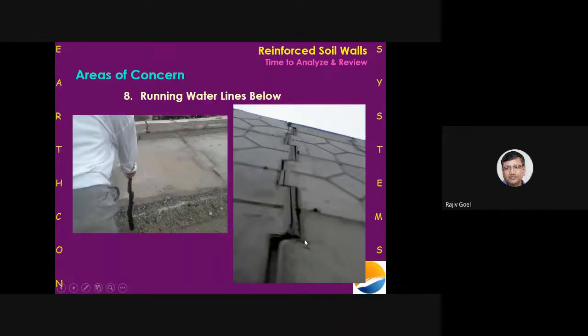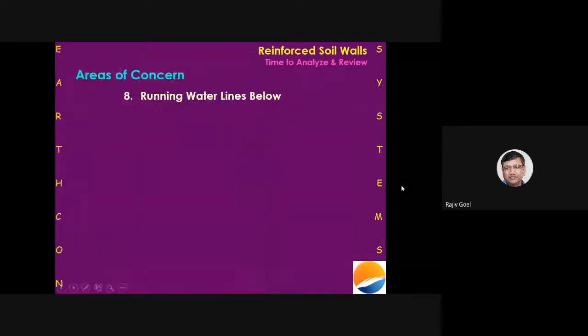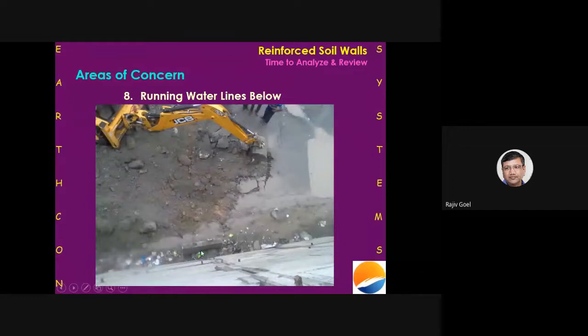And as any normal person, the contractor said, okay, let's fill this up with concrete and the problem would be over. But the problem was not with the joints, the problem was down below because we had buried a water line here, which was running, which is going through the wall.